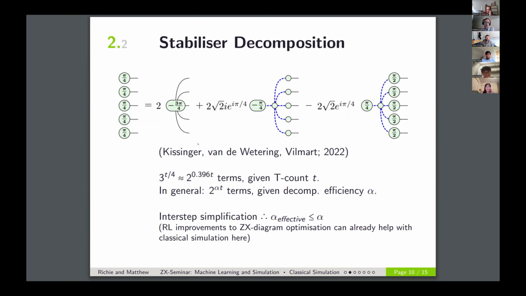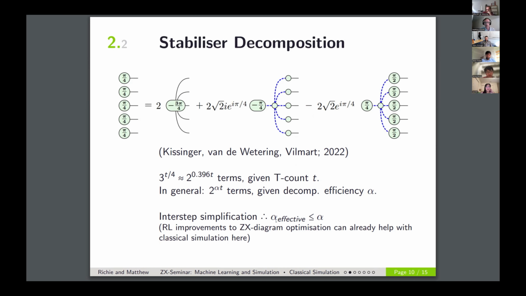So for instance, this is the current state of the art asymptotic decomposition, which essentially allows you to exchange any set of 4 T spiders for a sum of 3 stabilizer terms. So we say this has an alpha efficiency of 0.396 because the number of terms you get out scales as 2 to the alpha T, given a T count of T. In practice, however, every time we apply some decomposition and it branches the total number of terms that we have to deal with, at each step we apply more of the simplification via the rewriting rules.